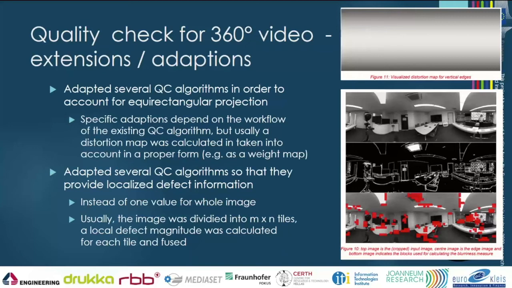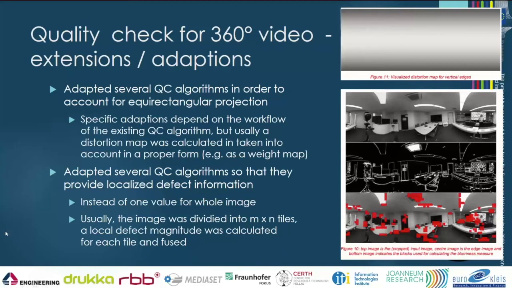But the general recipe is that we calculate a distortion map, which is then taken into account in some proper form, for example, using it as a weight map by which one can multiply the values. This distortion map can be seen on the right side, in the upper part.